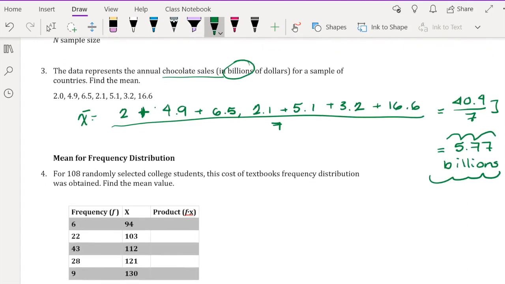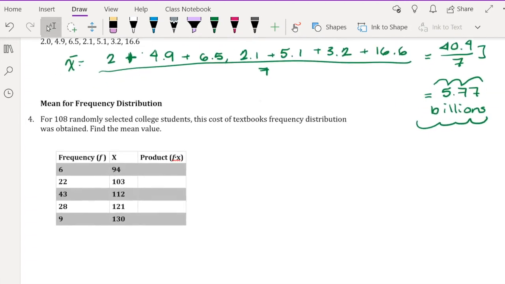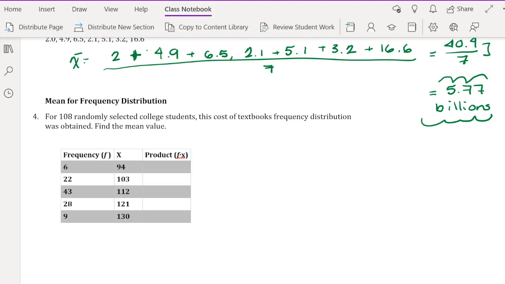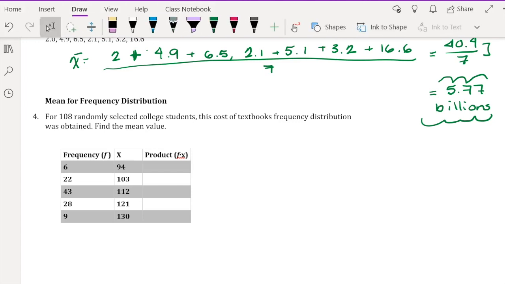Okay, so that's kind of boring. We know how to do the mean for that. Now we're going to do the mean for a frequency distribution. What does that mean? Essentially, we don't have the raw data. We don't have every data point like we did in the chocolate problem where we had every value.